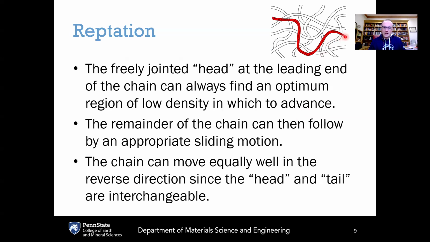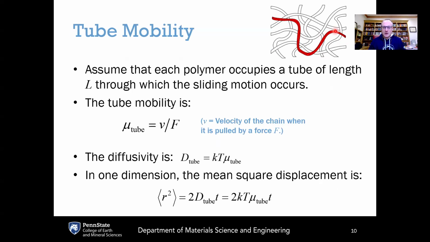So basically, one end of the polymer chain is going to take a step forward, and then it pulls the rest of the chain behind it, and it follows this space that is already being occupied by the polymer chain. Now, if we assume that each polymer occupies some tube of length L through which the sliding motion occurs, and the tube mobility here, this mu sub tube, is our tube mobility.